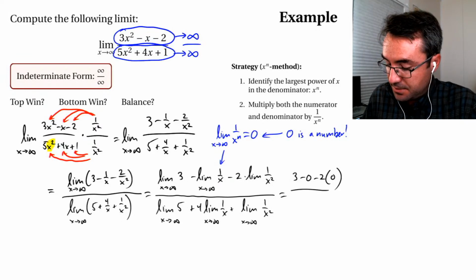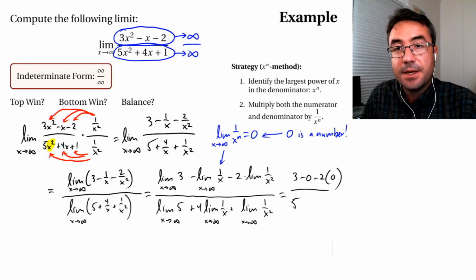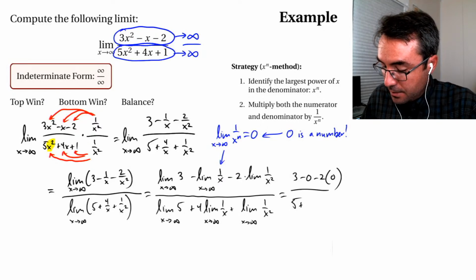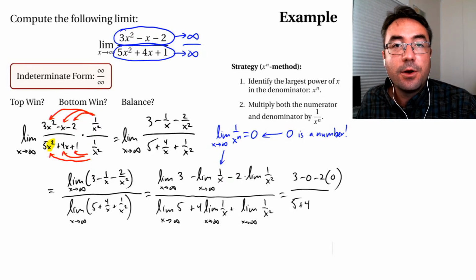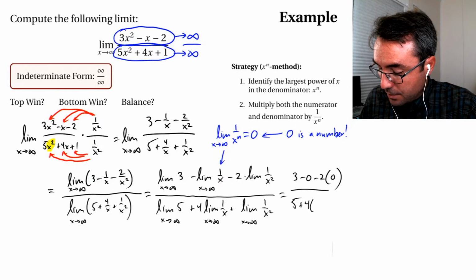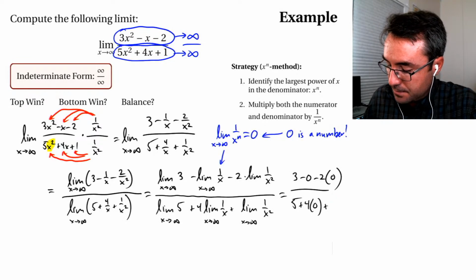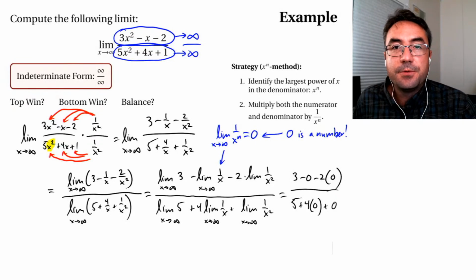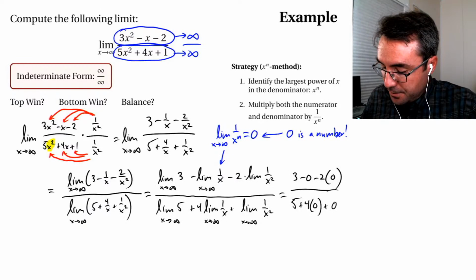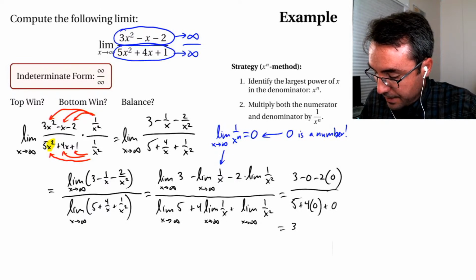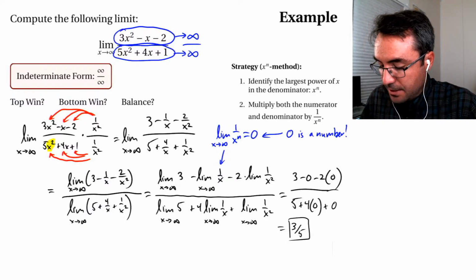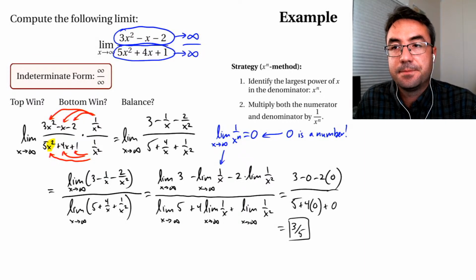It's a constant, so the limit of a constant is the constant. Then we have plus 4 times 0, since the limit of 1 over x is 0. And then the limit of 1 over x squared is also 0. So if we do all that arithmetic, we get 3 over 5. And so that's our limit at infinity here.